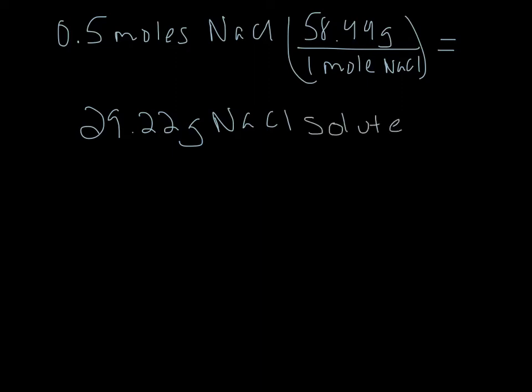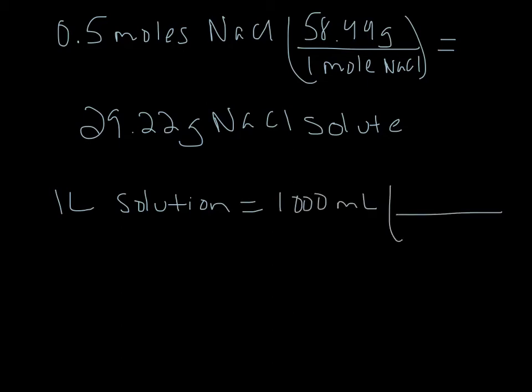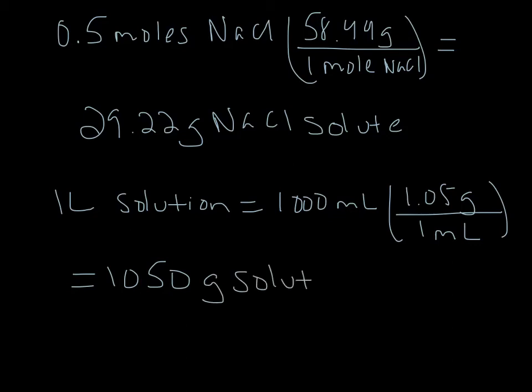So ultimately I'm trying to figure out how many kilograms of solvent I have. Okay, so I know how much solute I have now. I also know that I have 1 liter of solution, or I can assume that I have 1 liter if I'm using 0.5 molar solution. That's equal to 1,000 milliliters of solution. And from before, we know that for every 1 milliliter of solution, there's 1.05 grams of solution. So I have a total of 1050 grams of solution.